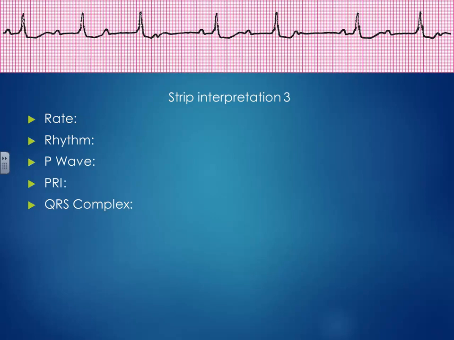Yep. This is a 6 second strip. So what's your rate? 70. All right, so your rate is around 70 ventricular.